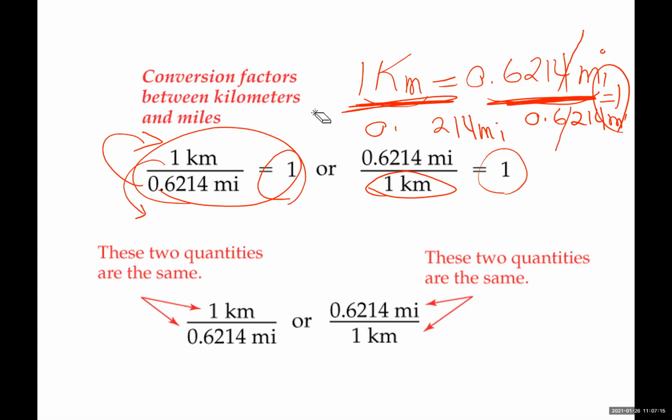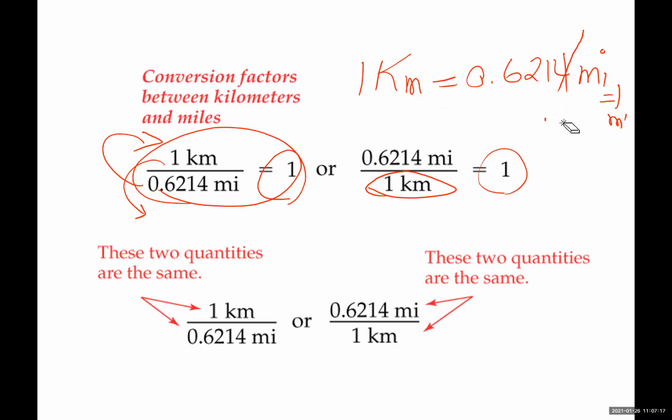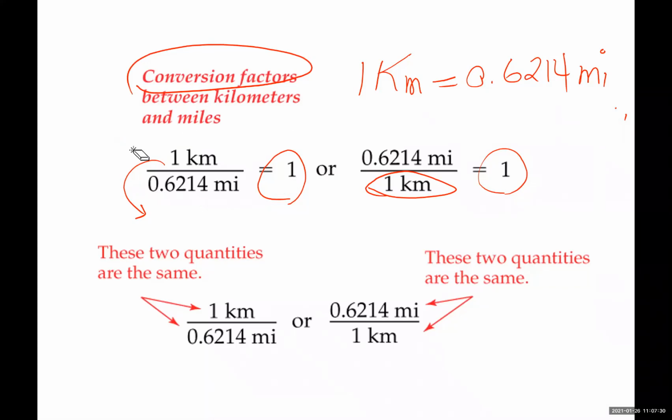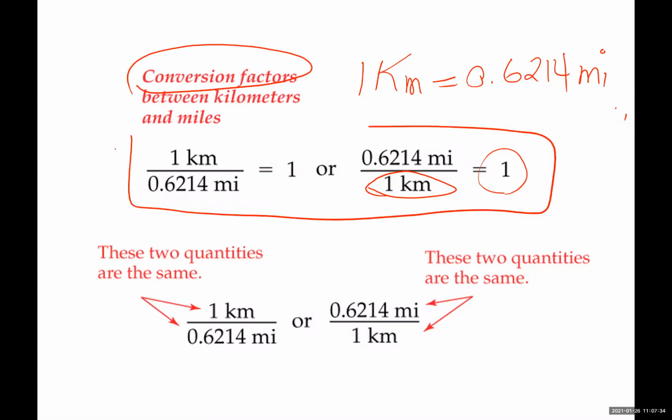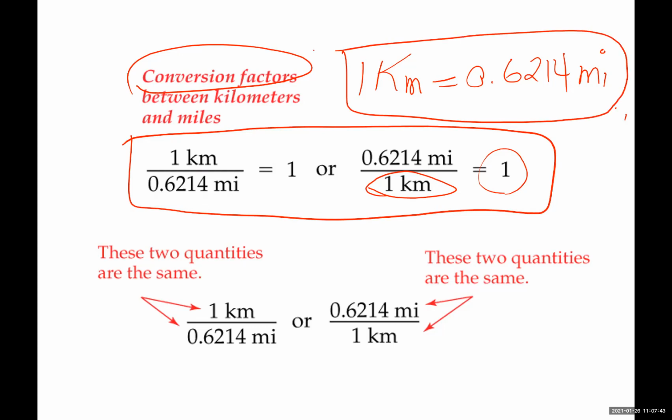So is it fair to say that whenever you have an equation like this, or any equation coming from a table, you can write 2 conversion factors? These 2 ratios obtained from this information are called conversion factors.